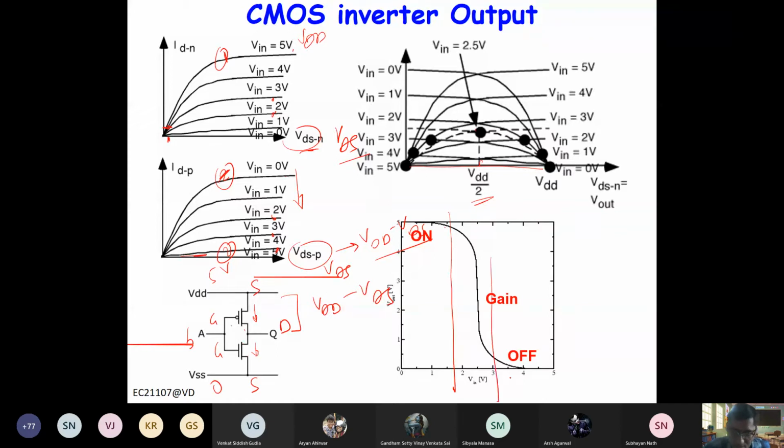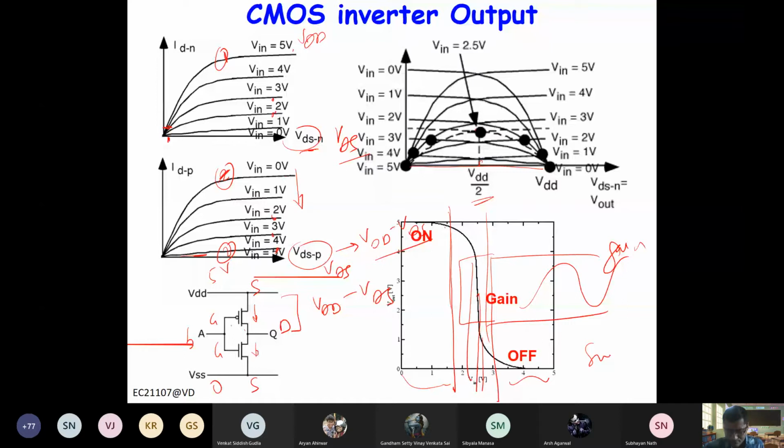For high input voltage, your NMOS is on, output is low. In the middle, there is a sharp transition region. So if you have some input at this point, for a small change in input voltage, you can have a large change in output voltage, right? So this region can also be used for gain purpose. And of course, if you are operating in low or high, you can use it as a switch also.